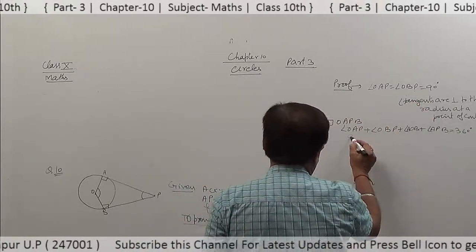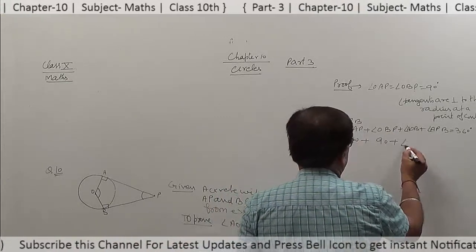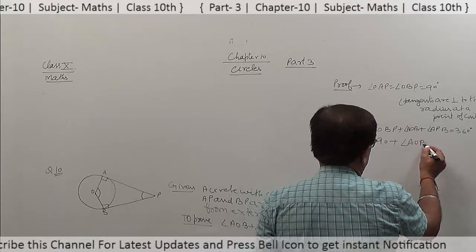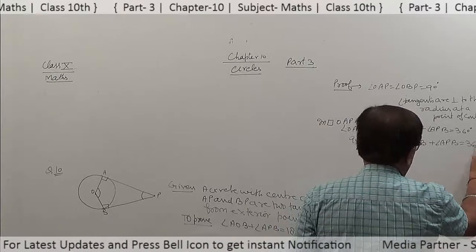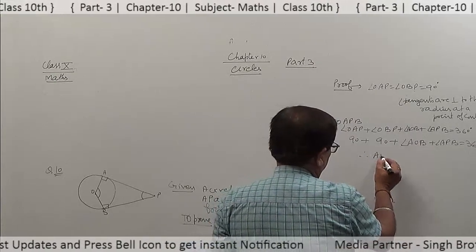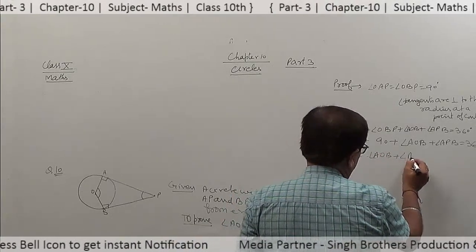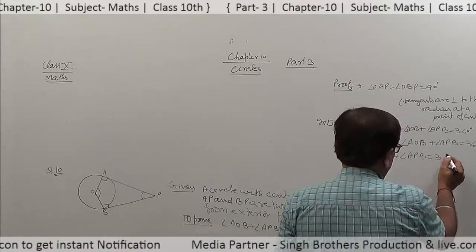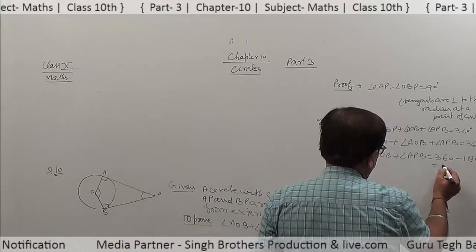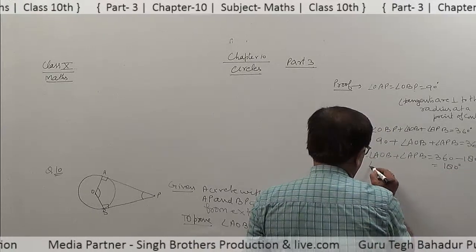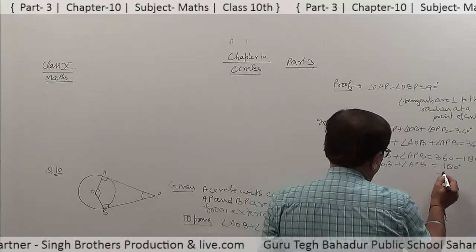OAP is 90 degree, OBP is 90 degree, so AOB plus APB is equal to 360 minus 90 minus 90, that is 180. So it is equal to 180 degree. So this is proved, hence proved.